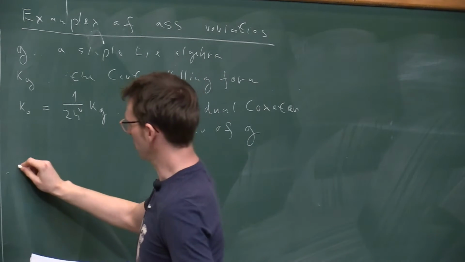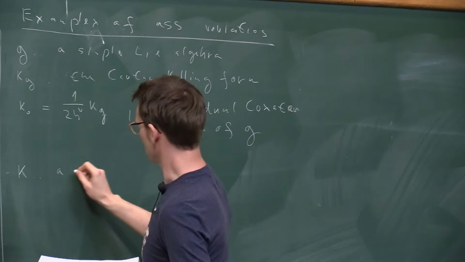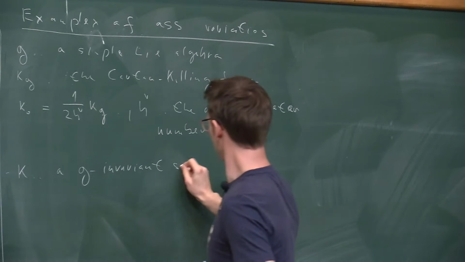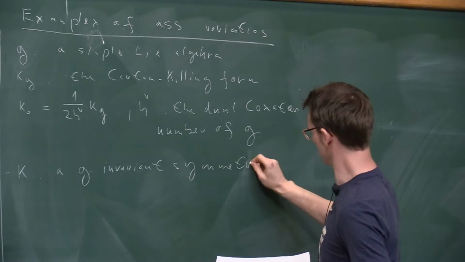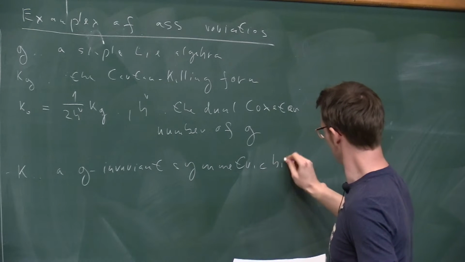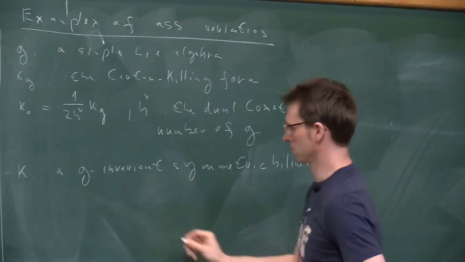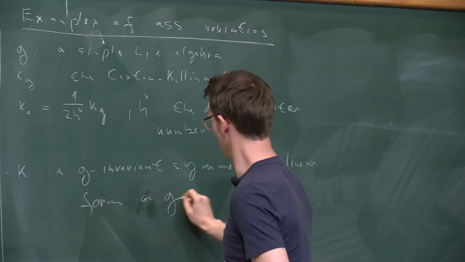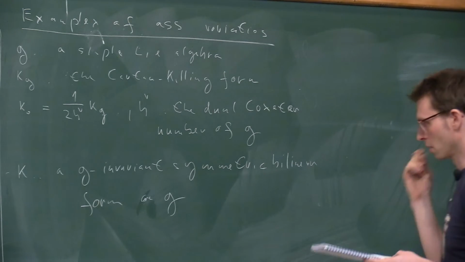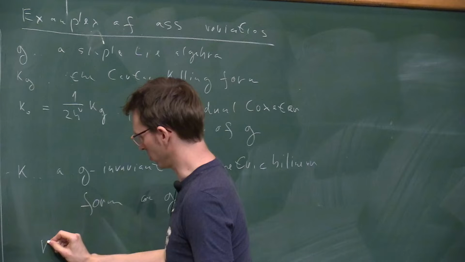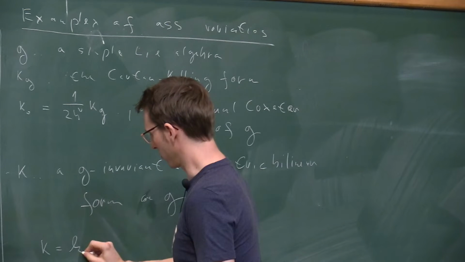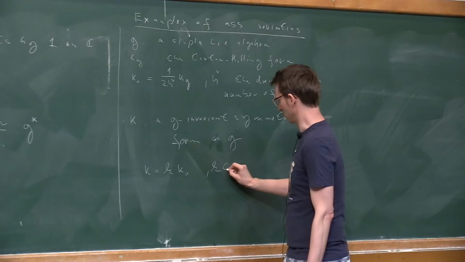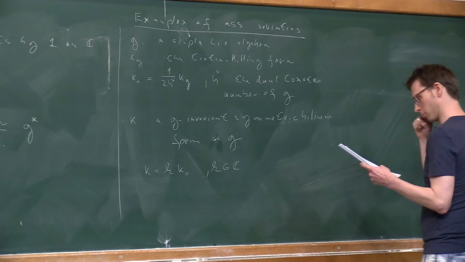And k will be some level, some G-invariant symmetric bilinear form on G. Because the algebra is simple, any invariant bilinear form can be written as a multiple of this K_0. So k will be some complex number.